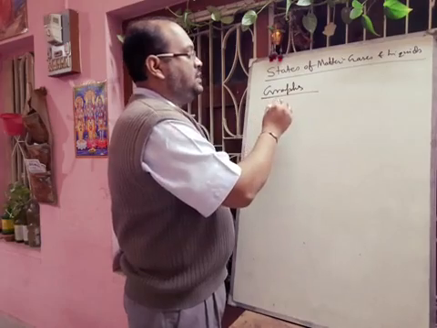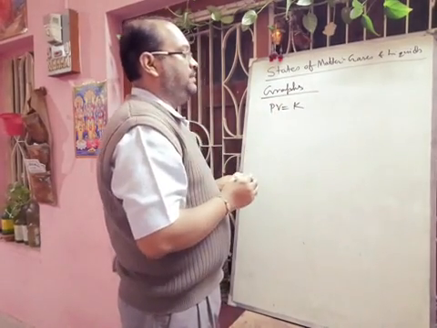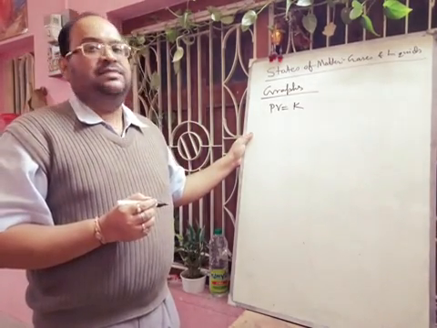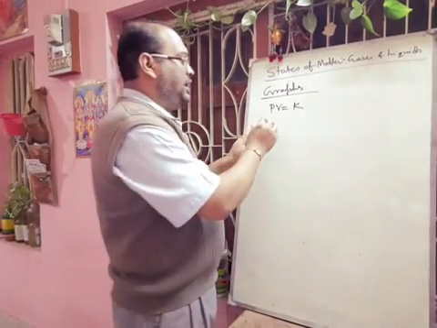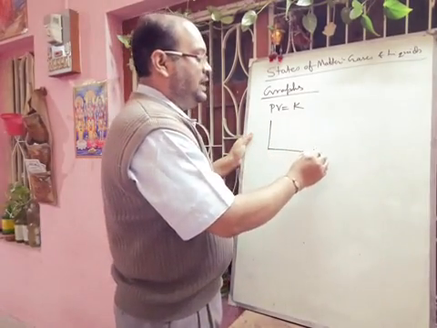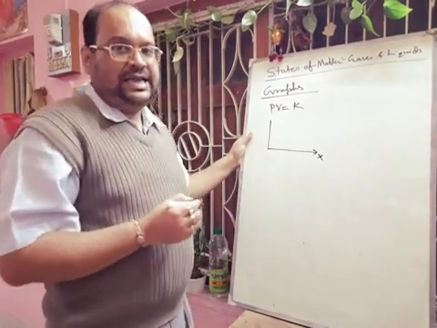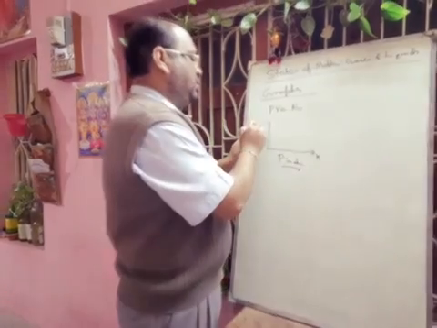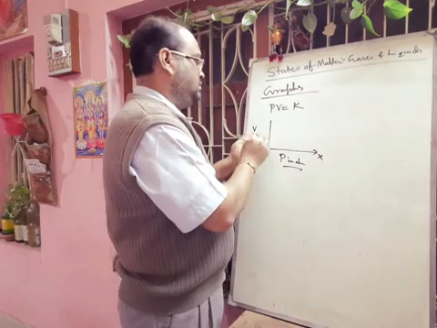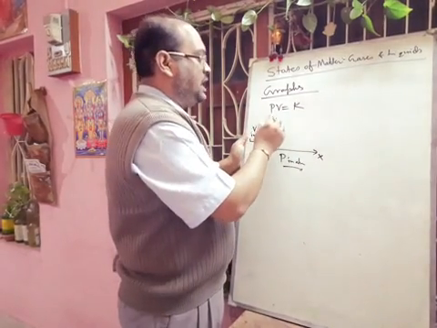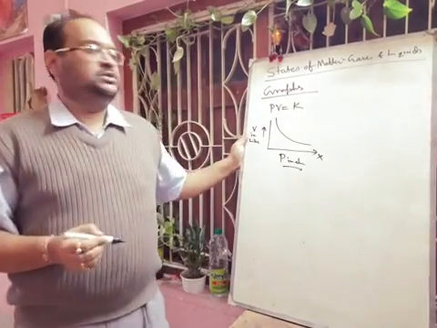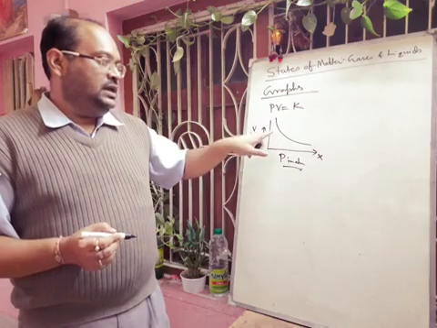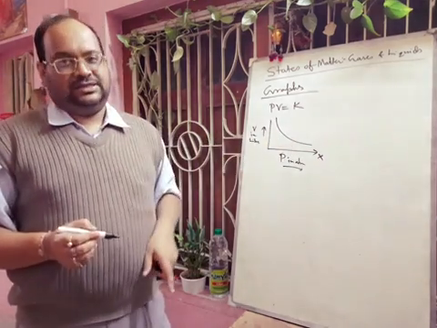We know that PV is equal to constant, or we can say that V is inversely proportional to P. So if we draw a graph, along the x-axis we plot the pressure in atmosphere and along the y-axis volume in liter, then we will get a curve like this. So here we can easily understand, if we increase the pressure, the volume will decrease.